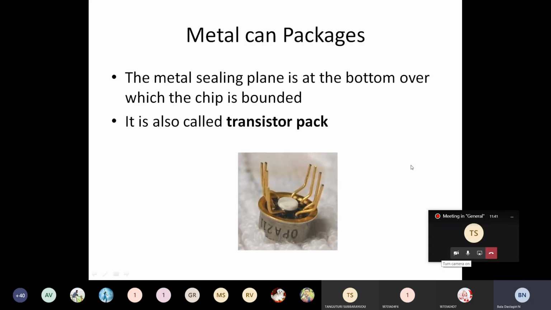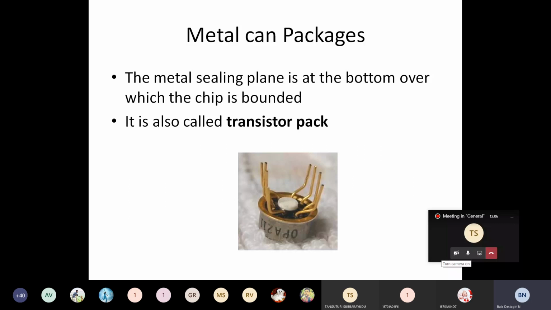So it is the metal can package. This type of ICs we have seen in your lab. The metal sealing plane is at the bottom over which the chip is bonded. It is also called a transistor pack. Mostly we will find the transistors like this. In our lab, the BC107 and most of the transistors will be like this.